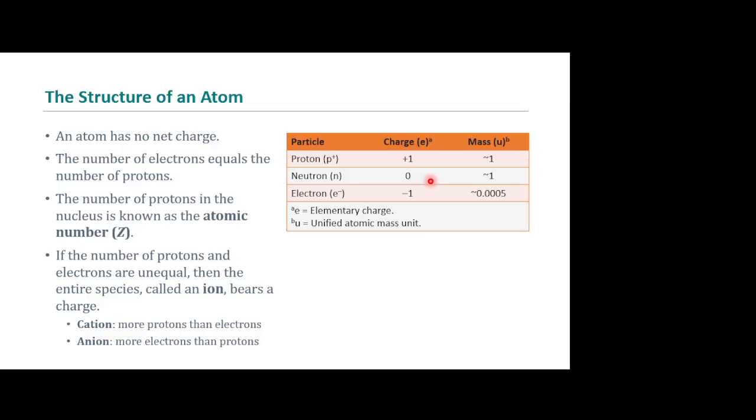Okay, if the numbers of protons and electrons are unequal, this is going to be an ion. If it has a positive charge, that's a cation, right? Anybody ever get those mixed up? I do. Every now and then I forget those when I don't teach it for a while. The way I remember that is cats are positive.